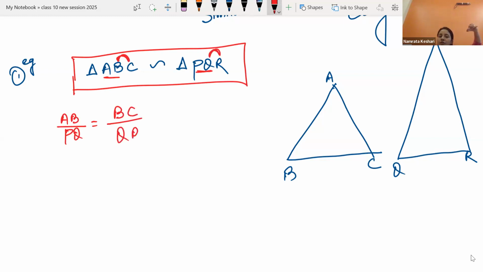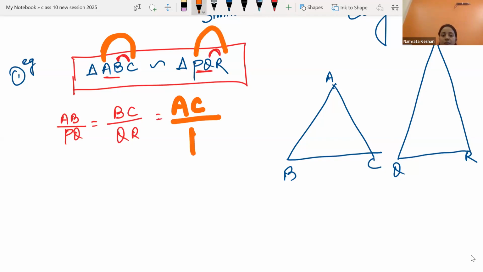I'm taking the first two alphabets, that these two are making a ratio. The next two alphabets, BC with QR, these two create a ratio. These have to be the same if I'm saying these two triangles are similar. And the last one, this AC side, will maintain the same ratio with PR. Is it making sense to all of you?